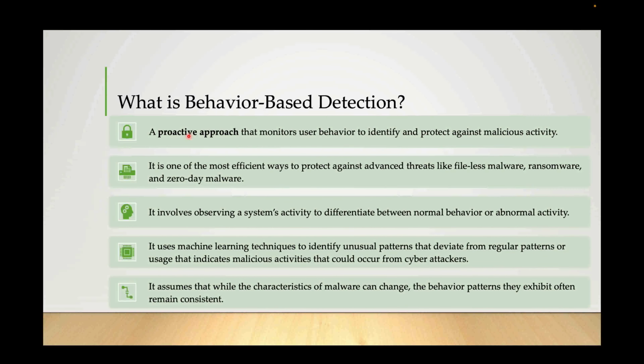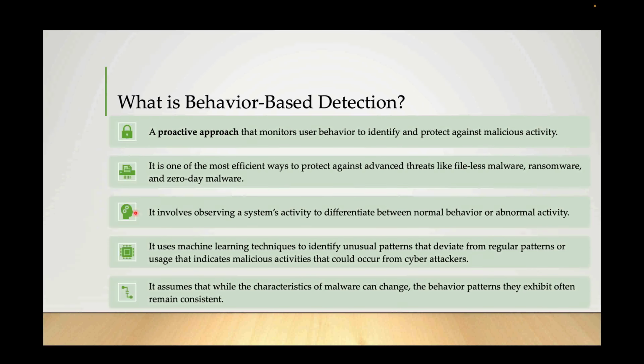First of all, it is considered a proactive approach that monitors user behavior or, like I said, system or network behavior to identify and protect against malicious activity. It's considered one of the most efficient ways to protect against advanced threats like ransomware and even zero-day malware.